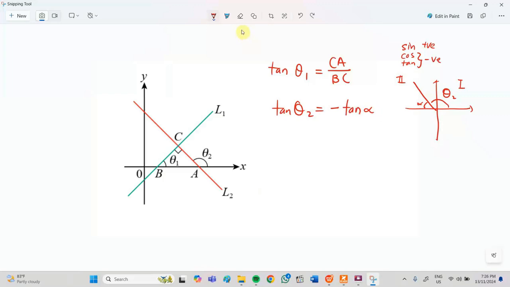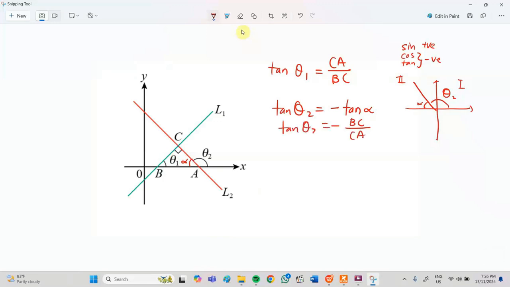And this reference angle is actually this part here. So if we take this as the reference angle, the opposite side will be BC, the adjacent side will be AC. Remember, tangent is opposite over adjacent. So opposite is BC, adjacent is AC or CA.